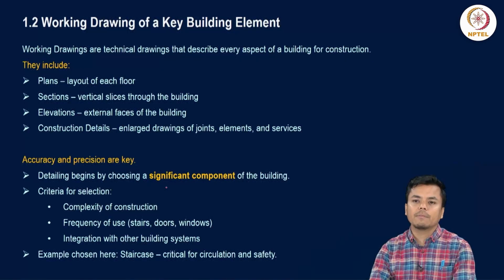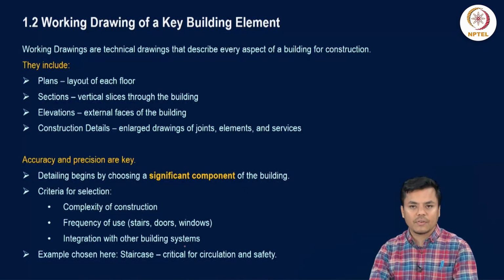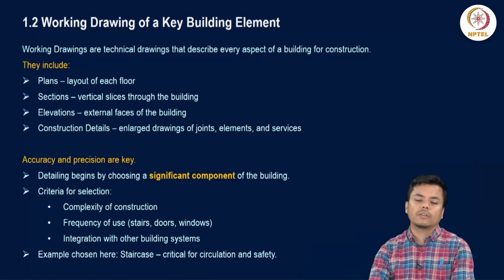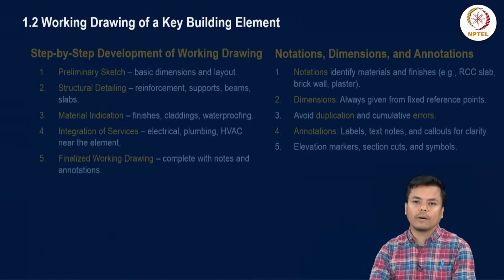So details begin by choosing a significant component of the building, as already explained. The criteria for selection is emphasized here: it depends on the complexity of construction, frequency of use, or integration with other building systems. Based on that you can select any building component and then do the detailing of that part.